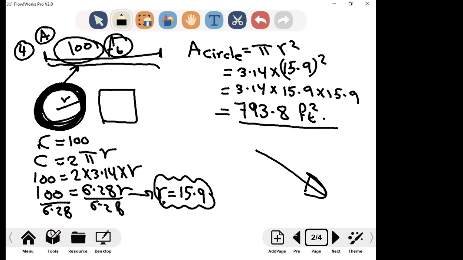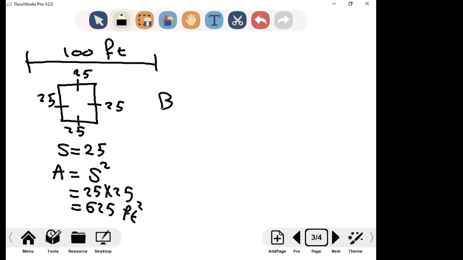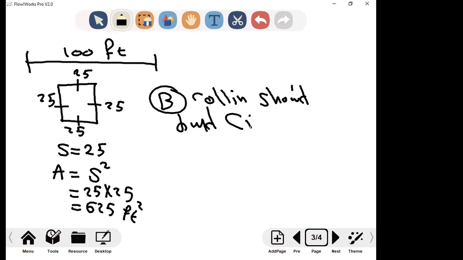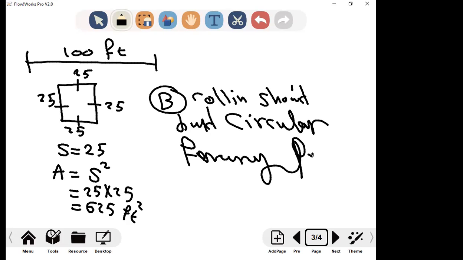Which one has the largest possible area? A circle or a square? Circle. So here in part B, sorry, what do we say? Colin should use or build a circular fencing pen.